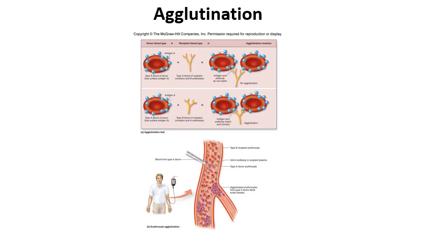So let's look at when we actually match donor blood with the recipient blood. Okay, recipient blood is type A, the patient's blood type A, the donor blood's type A. Okay, has the A antigen.